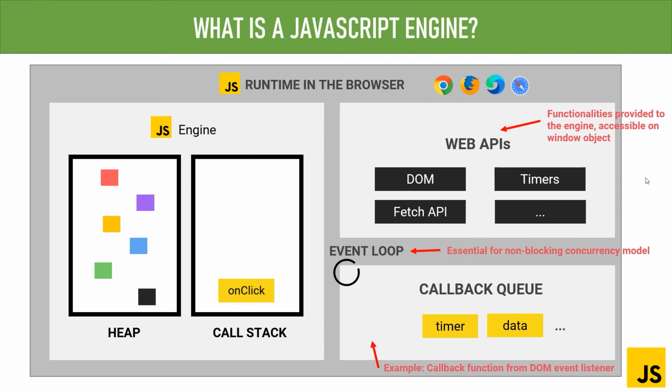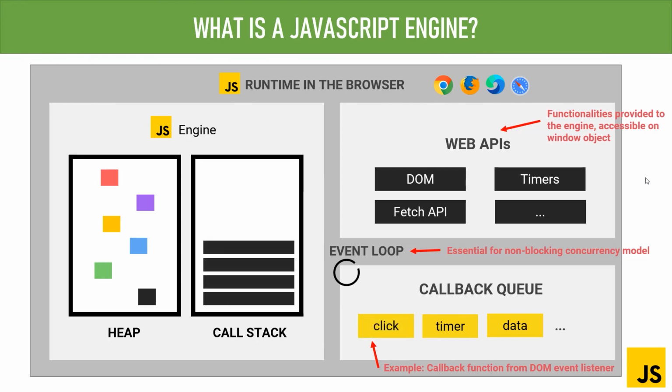Alright, so as I already said, the focus in this course is on JavaScript in the browser, and that's why we analyzed the browser JavaScript runtime. However, it's also important to remember that JavaScript can exist outside of browsers, for example in Node.js. And so here is what the Node.js JavaScript runtime looks like.